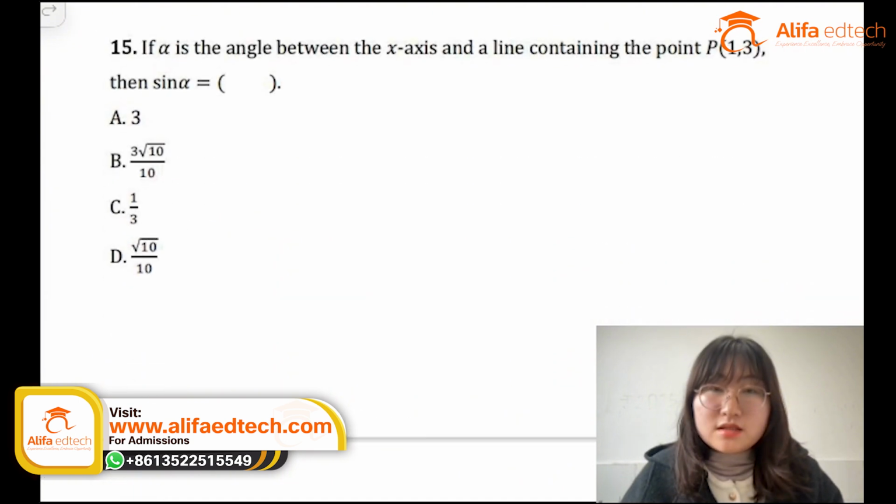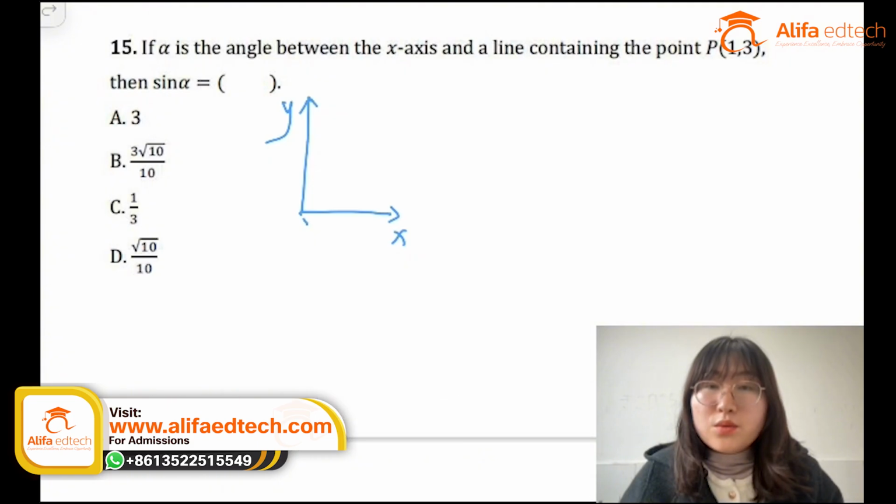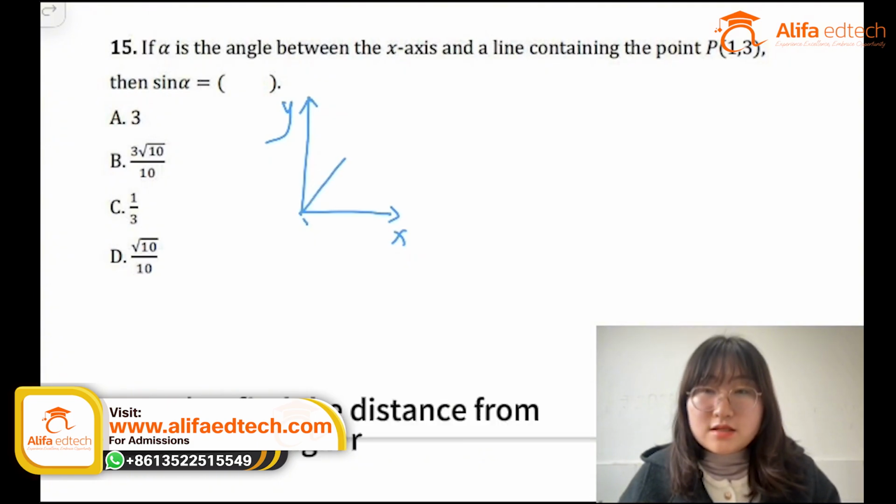Question 15. This question tests your ability to define trigonometric ratios using a point on the coordinate plane. Let alpha be an angle containing the point P (1, 3). To find the sine of alpha, we need to find the distance from the origin, r.